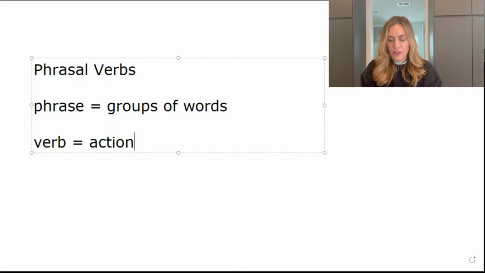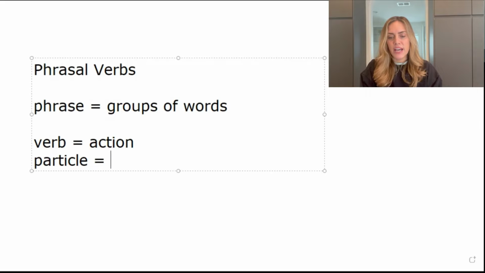Actions like eat, go, run, lift, give, okay? And then a particle. Okay, what's a particle? A particle is like a little piece of something. And we're calling it a particle because it looks like a preposition, but it's technically not because it doesn't act like a preposition.